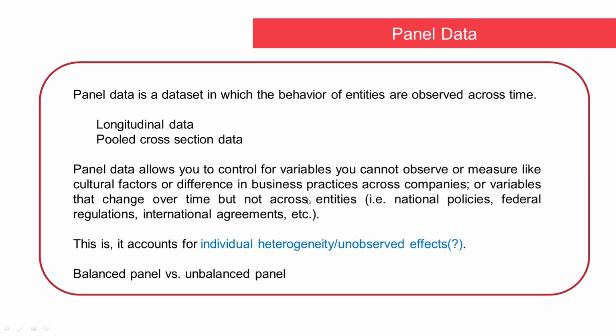We can get some information from secondary sources over a time frame, and then we can analyze them by using EViews software, right? It also accounts for individual heterogeneity or unobserved effects. In simple words, individual heterogeneity means individual differences, so we can analyze them.